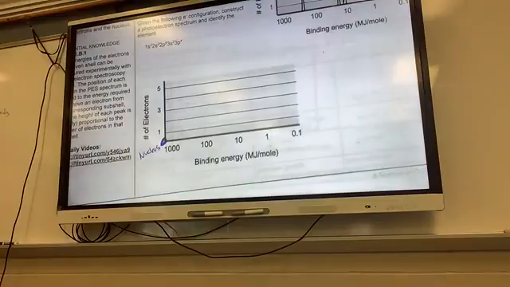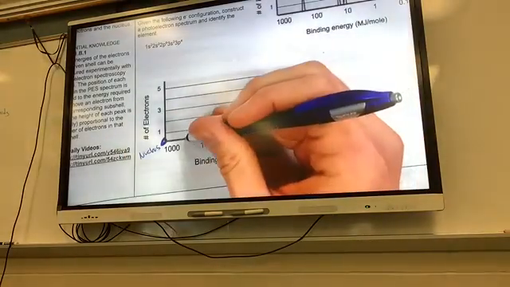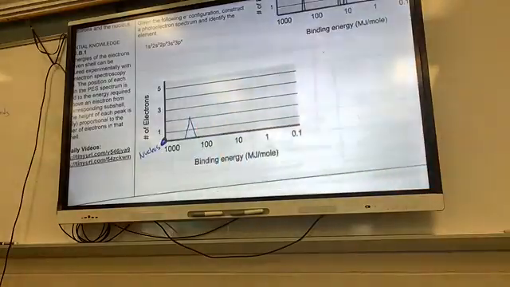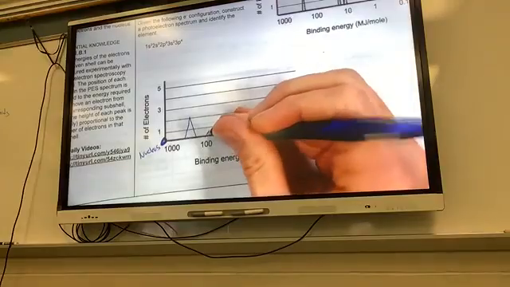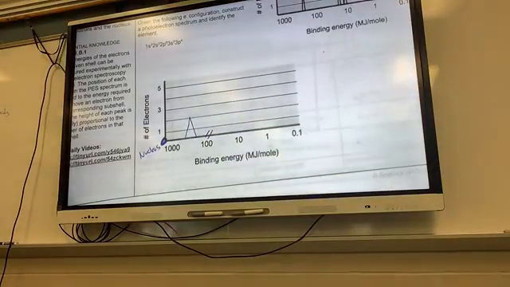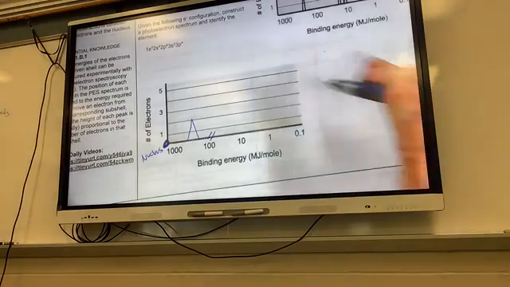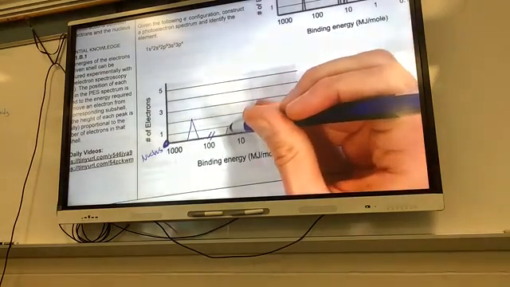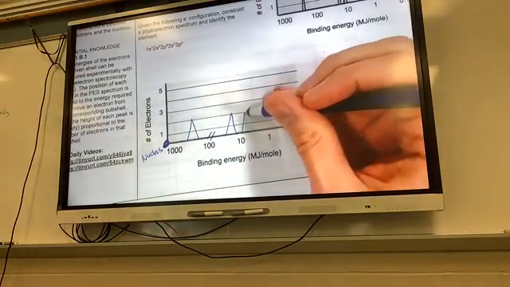My 1s2 has to go up to the second line, right? There's a big jump. You don't have to draw that, but then I'm going to have 2s2, which should be about the same height, and then 2p6, which should go all the way up to 6.